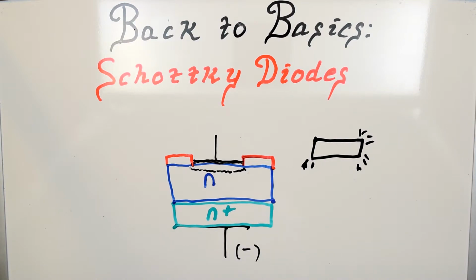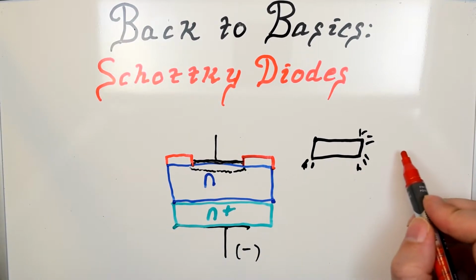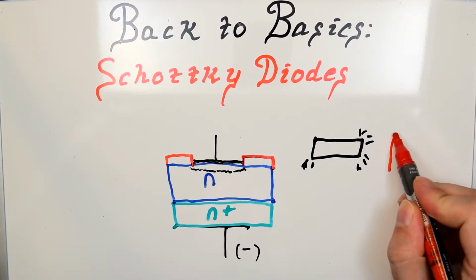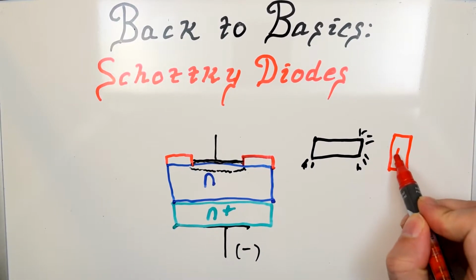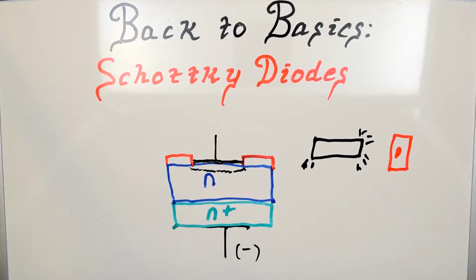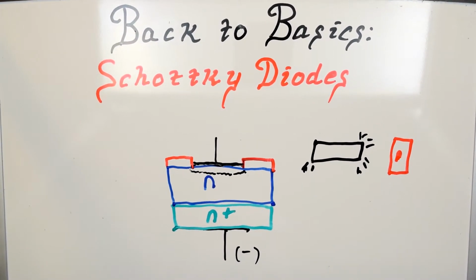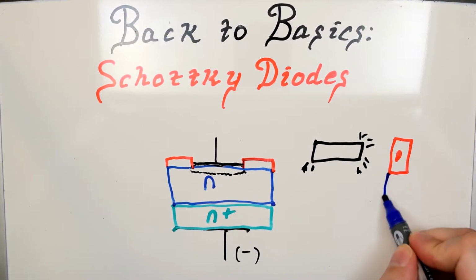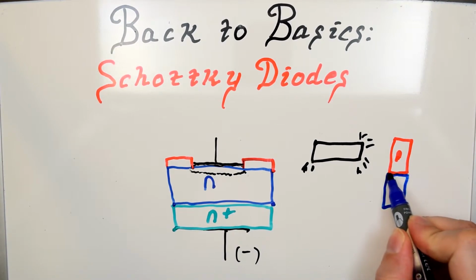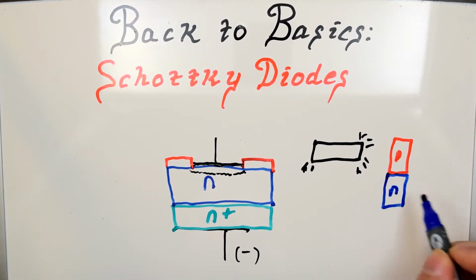When I drew the example of a standard diode, let's just do it here. I said they have the P-type material, and then they have the N-type material, and then they attach the electrodes to either end.